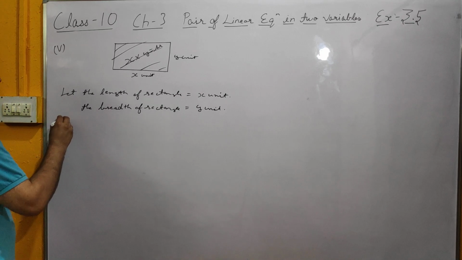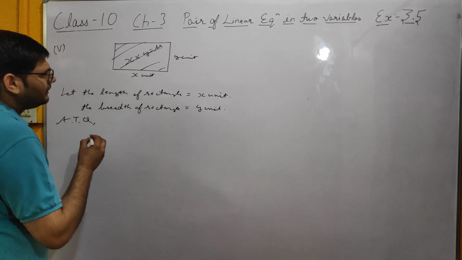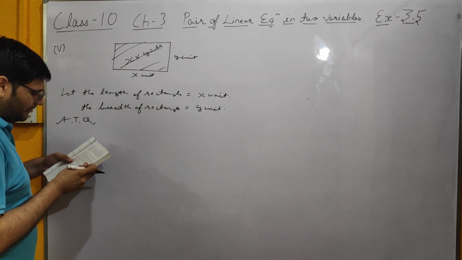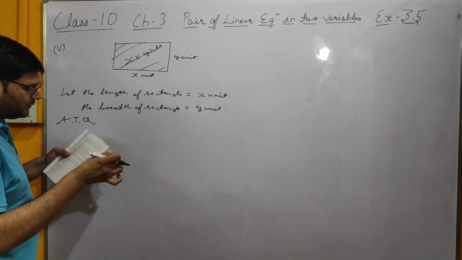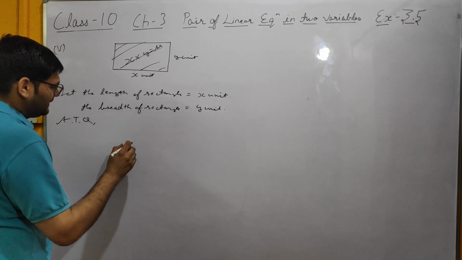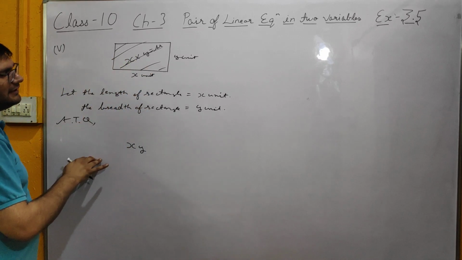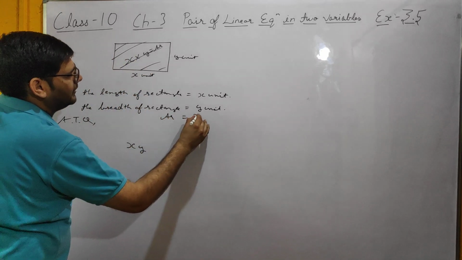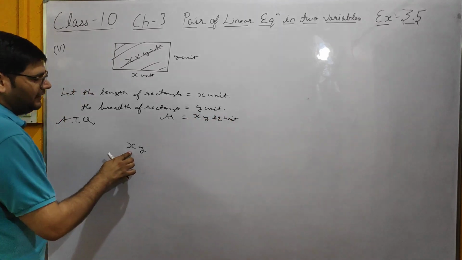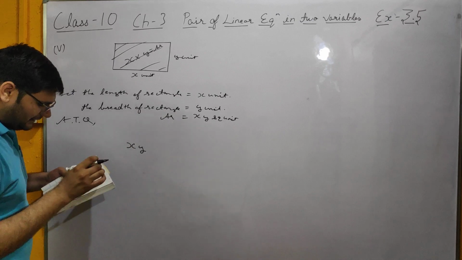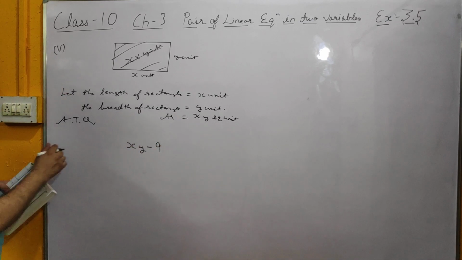Now my dear students, as per the question, for the first condition, the area of the rectangle gets reduced by 9 square units. The area is x into y, in square units, and it is reduced by 9 square units.